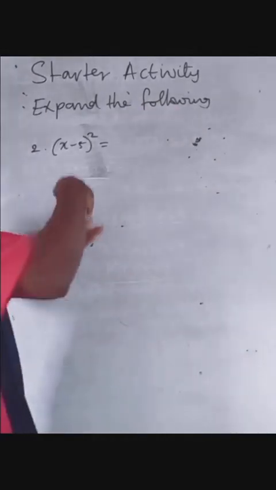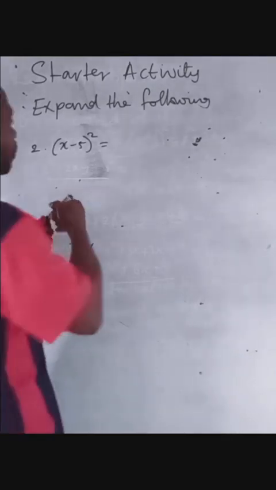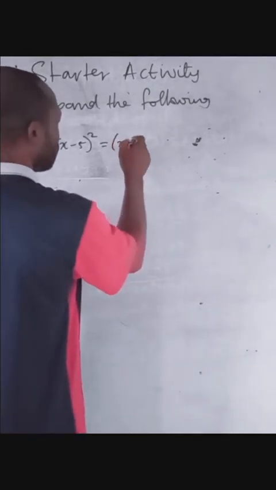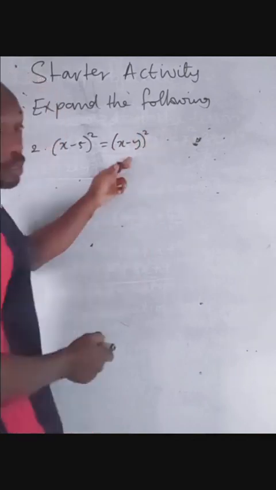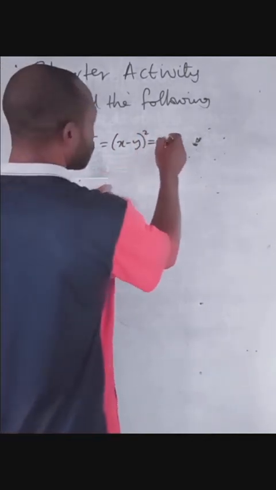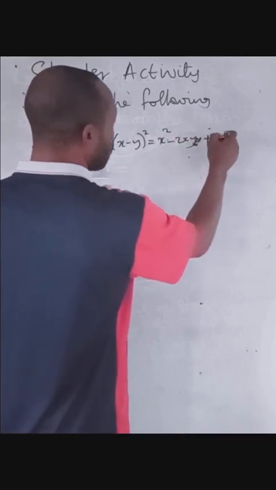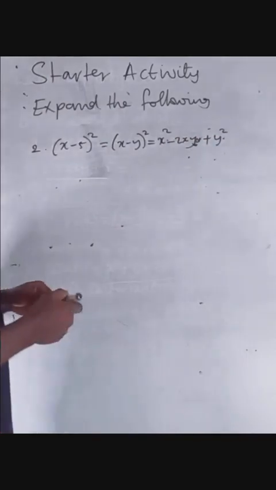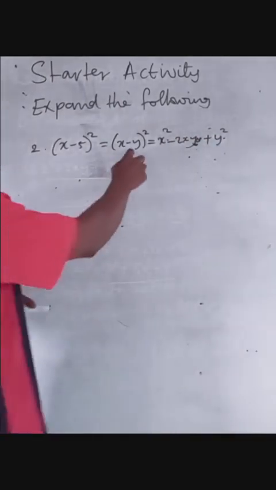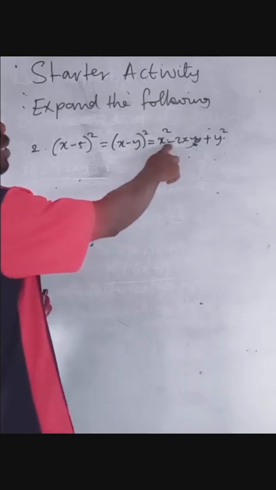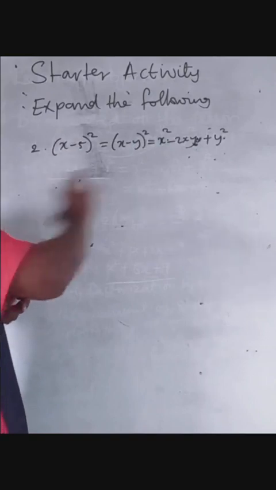So like I did in number 1, you can still apply this formula. (x minus y) squared is equal to x squared minus 2xy plus y squared. And in this situation now, we have a negative sign. Therefore, there's a negative sign here. But in the first situation where plus was here, everything was positive sign.